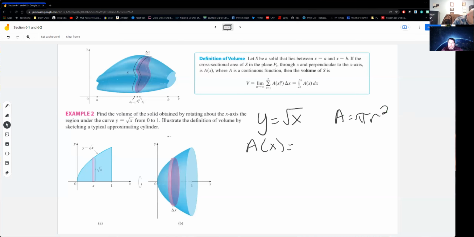So I have pi, and my radius is the square root of x, squared. As you can see right here, that's the radius, and if I rotate it around, that's going to make my entire circle. So the area of that circle is pi times the square root of x squared. That would make this just pi x.